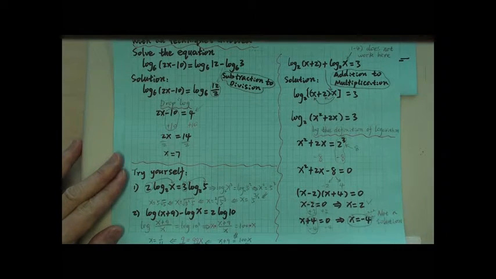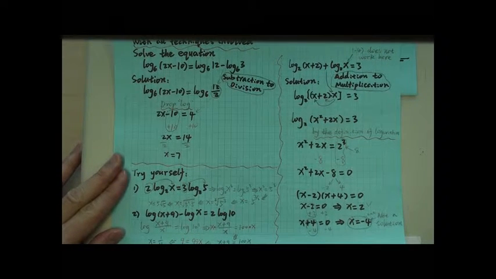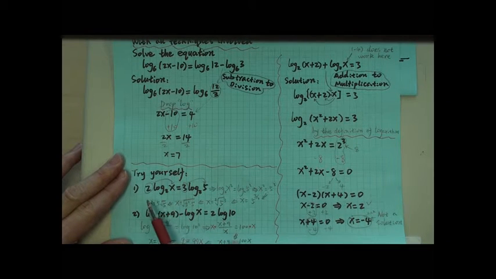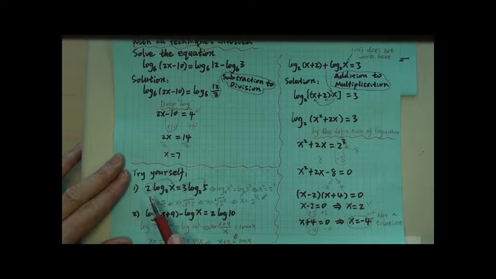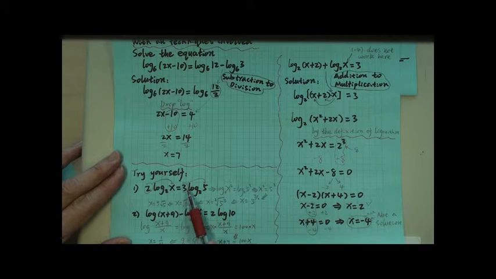Now, here there are two examples you got to try yourself. Look at this one. This one is 2 times log base 2 of x equals 3 times log base 2 of 5.